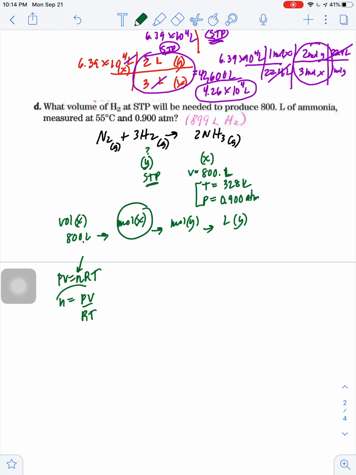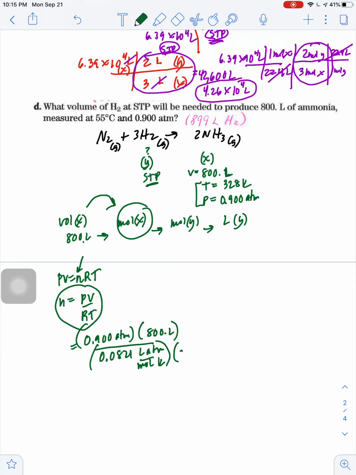Okay, so I'm going to use the ideal gas law to help me take care of the conversion from volume of X to moles of X. So I plug in everything I know. The pressure is 0.9 atmospheres, and the volume is 800 liters. And because we're in atmospheres, we can use 0.0821 liter atmosphere per mole Kelvin.